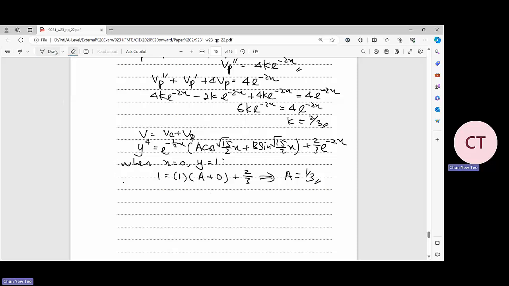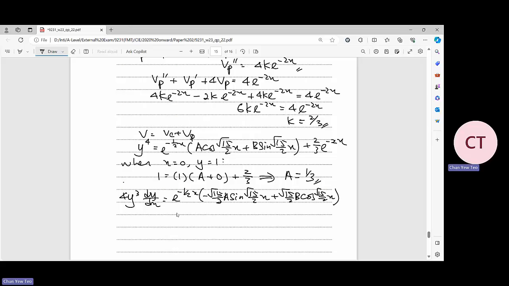Then you will get 4y^3 dy/dx equals to e^(-x/2) times: differentiate, negative √15/2 a sin(√15/2 x) plus √15/2 b cos(√15/2 x).